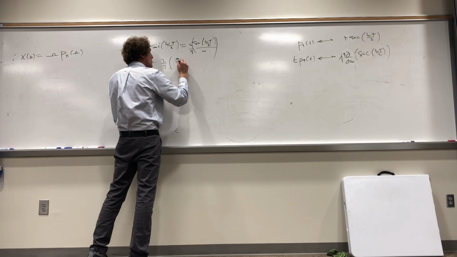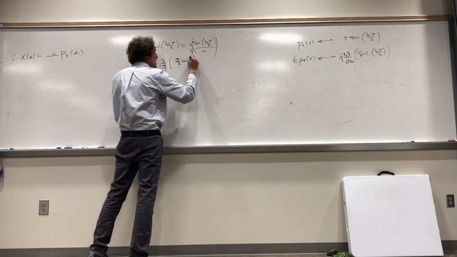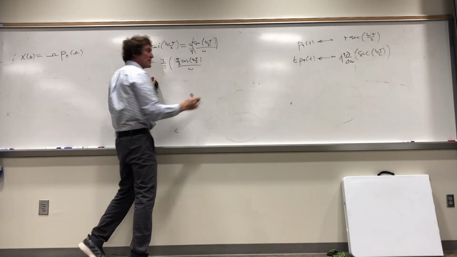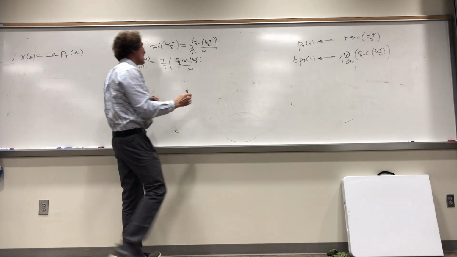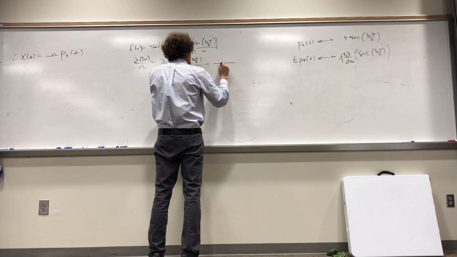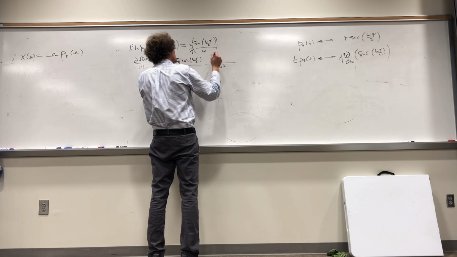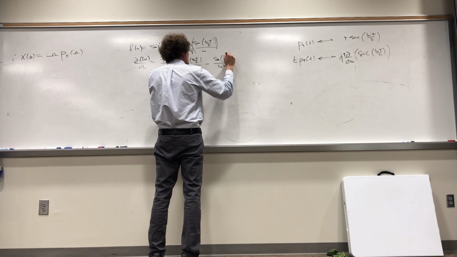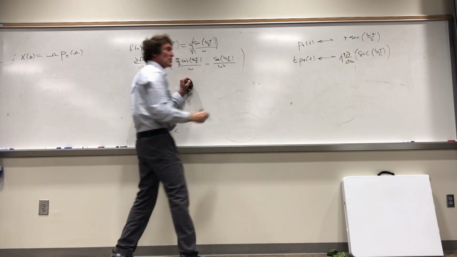And then it's going to be times what? Cosine of omega tau over 2 divided by omega. Do you agree with that for the first term? Second term is what? Well, it's going to be minus, it'll be an omega squared here, and then it's just going to be times the sine of omega tau over 2 here. Do you all agree with that?